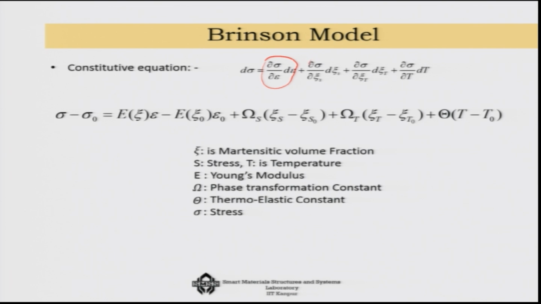And then you have the second part here, dou sigma dou xi s, and xi s and xi t are related to two parts of stress induced and temperature induced volume fractions in the system. So, xi s takes care of the stress induced change and xi t takes care of the temperature induced changes. And finally, there is of course, the thermal stress that is there in the system.